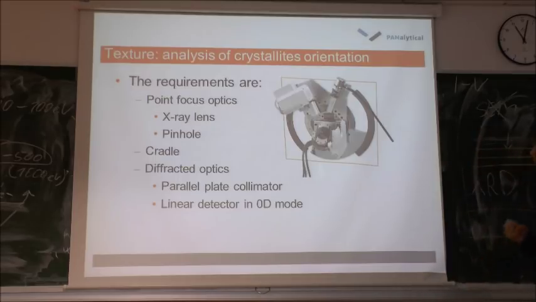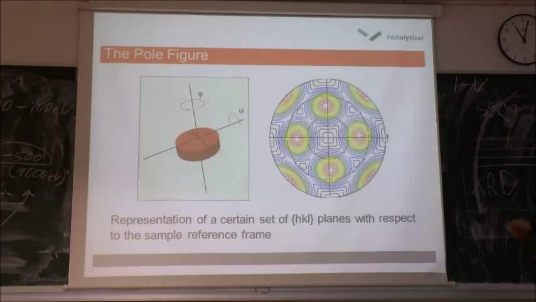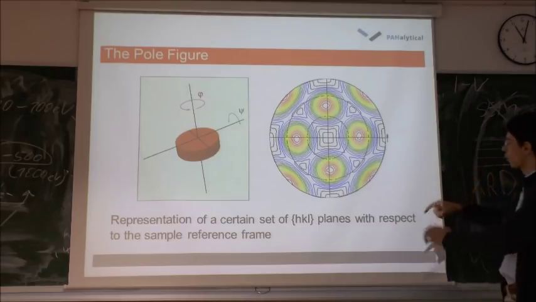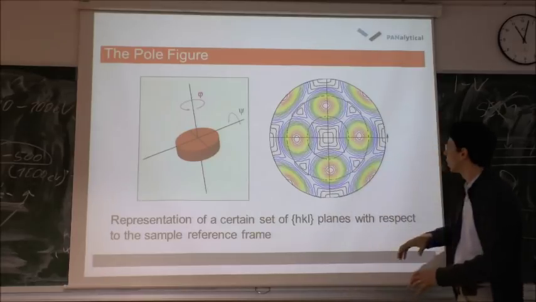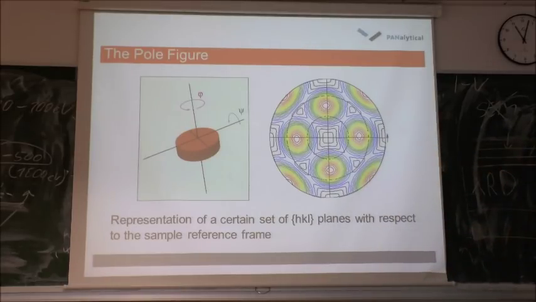We need a point focus geometry, and on the diffracted side we need a collimator and a detector in 0D mode, or a linear detector. This is a typical pole figure, for a specific set of planes. In a single crystalline material, what you would get is points, but here we can see that we have a certain distribution of orientations.